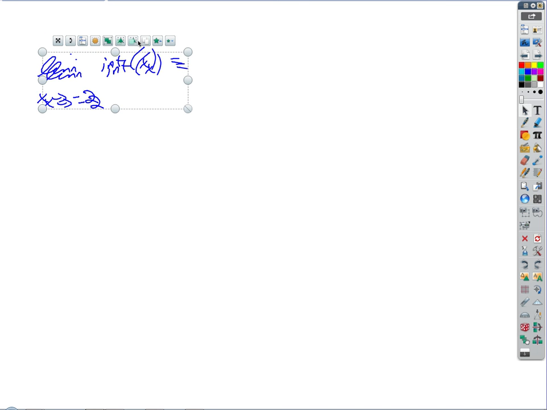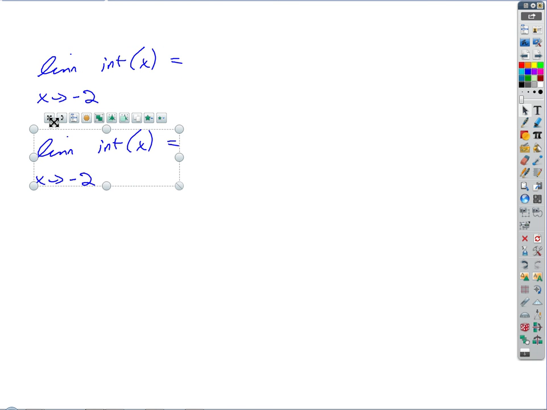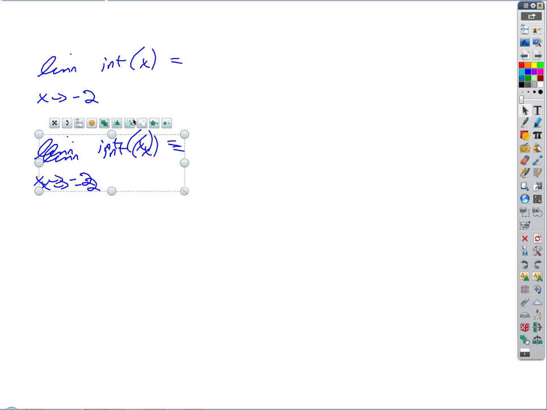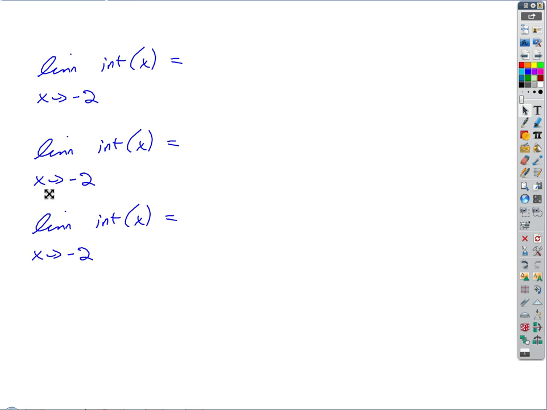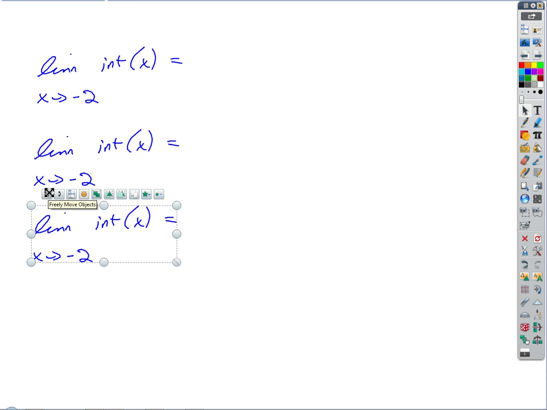Wait a second, so does that mean it depends on which? Yeah, what's the answer to that? What's the limit of the greatest integer function as x approaches -2? Undefined or what? It's no limit. Yeah, no limit.